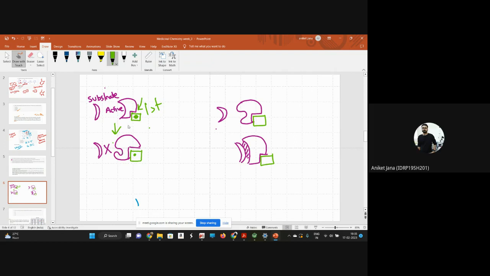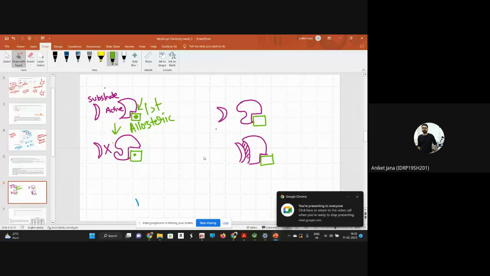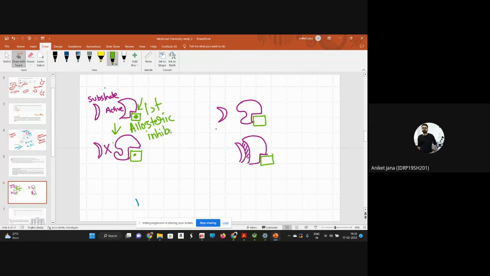Okay, so what can we say about this phenomenon, this allosteric binding? It is definitely binding, but is it facilitating the reaction or retarding the reaction? Retarding. Retarding the reaction. So we can say it is allosteric inhibition, enzyme inhibition.